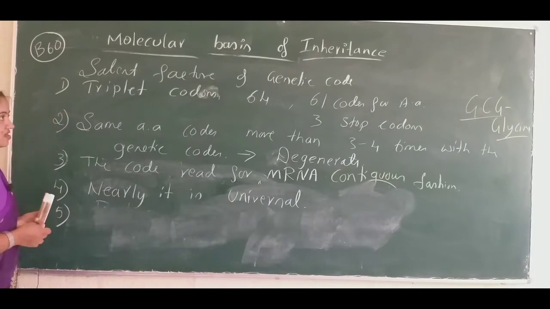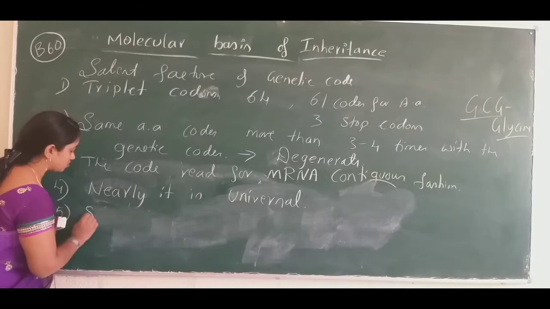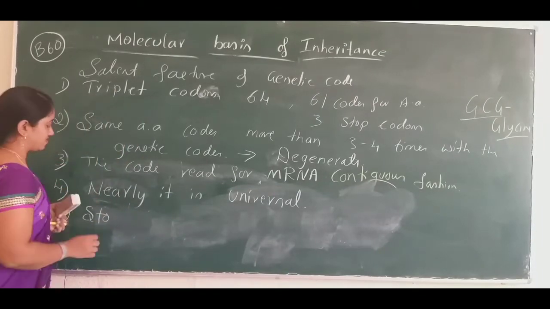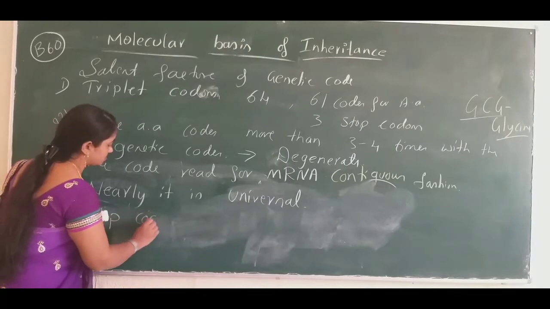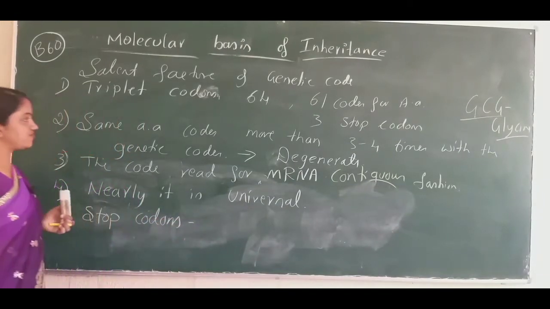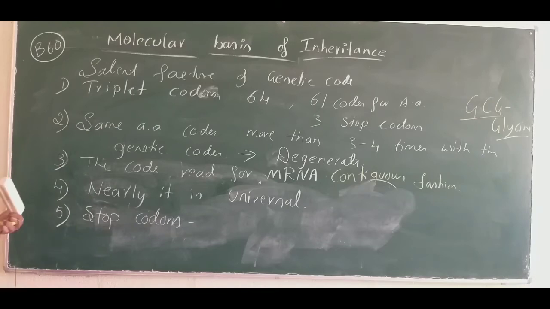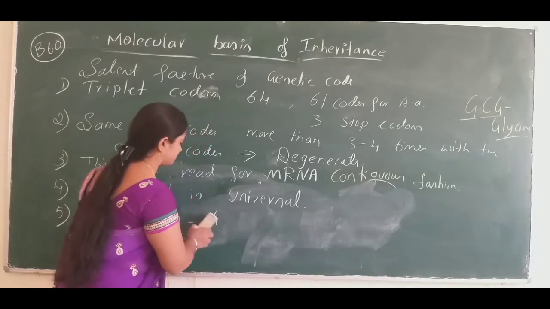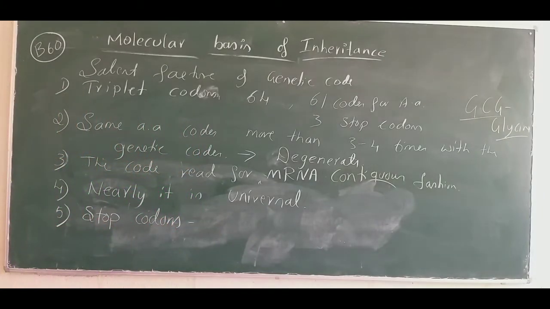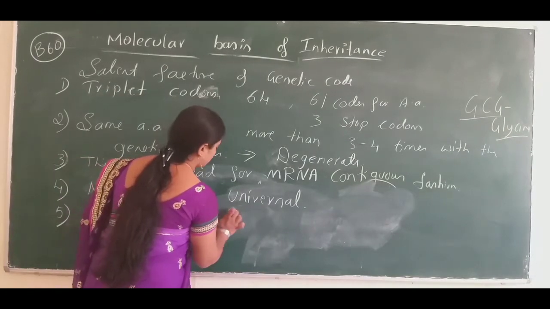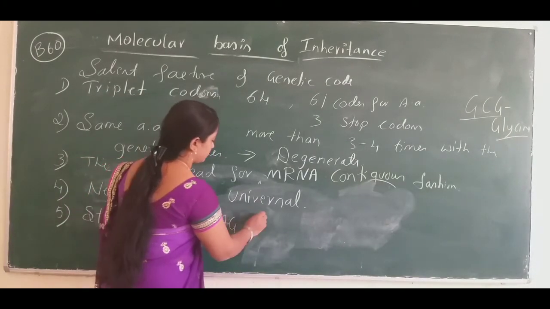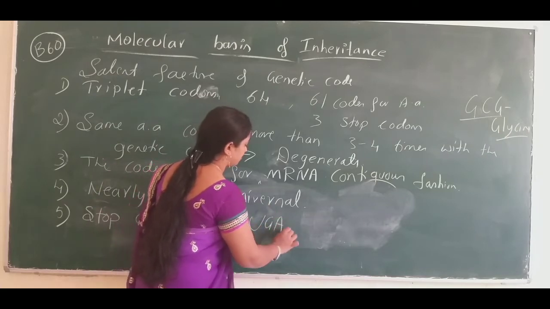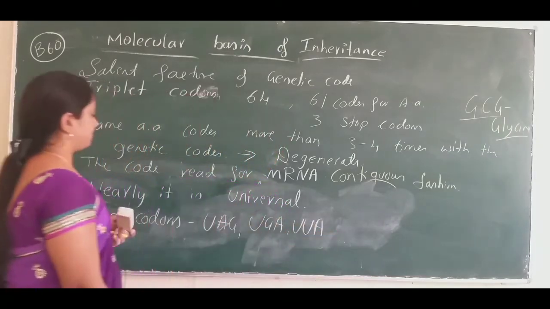We mentioned the stop codons in the first character, no. We were talking about the 3 stop codons, right? The 3 stop codons are UAG, UAA, and UGA.